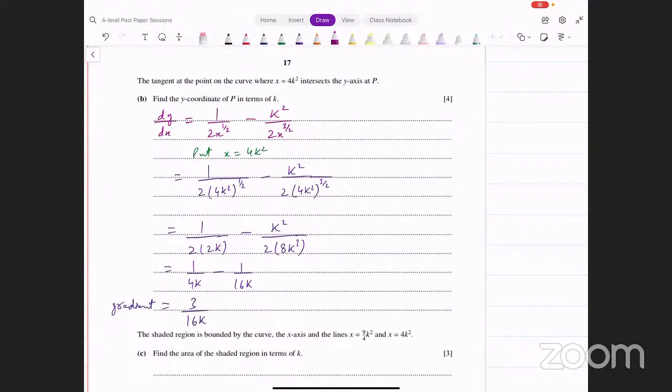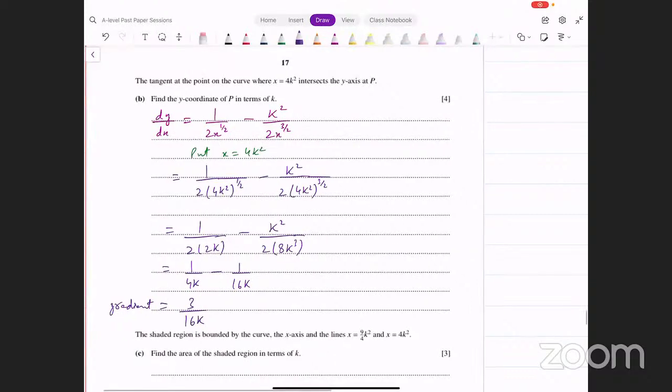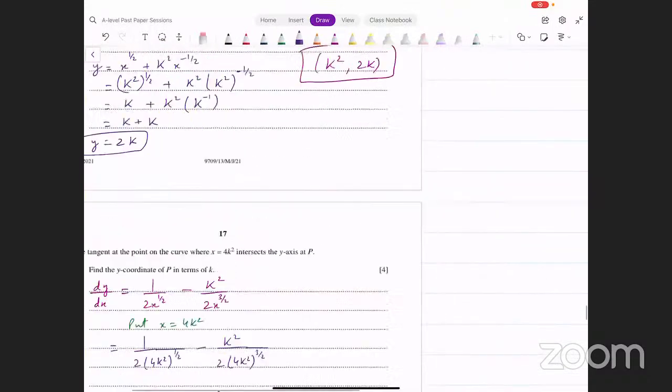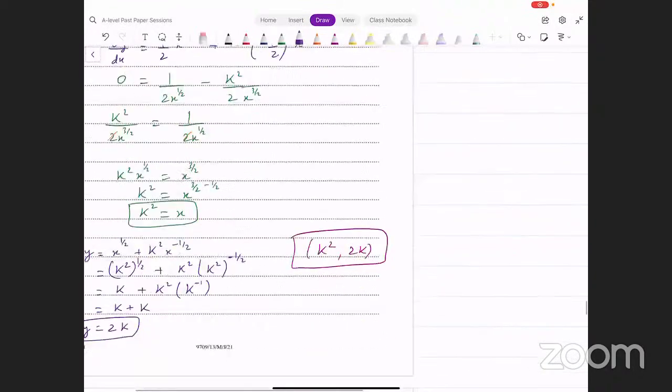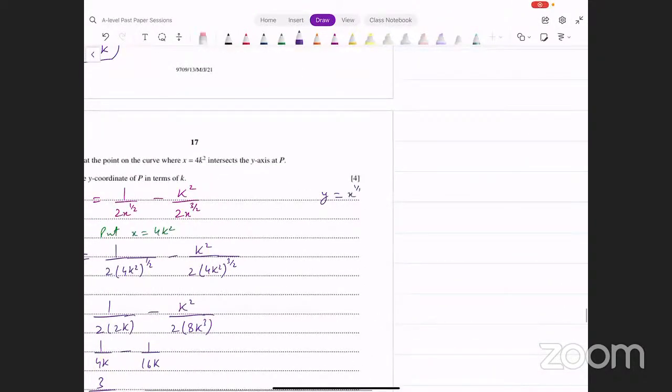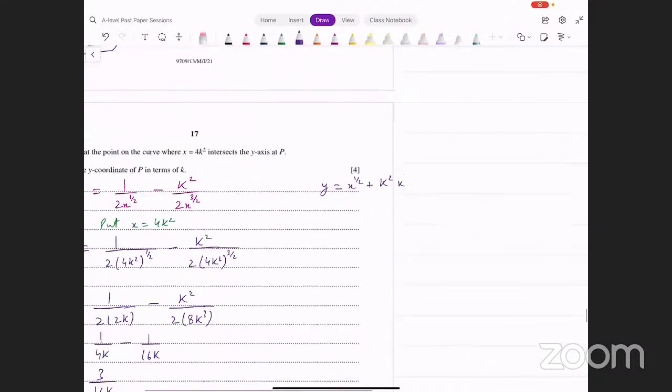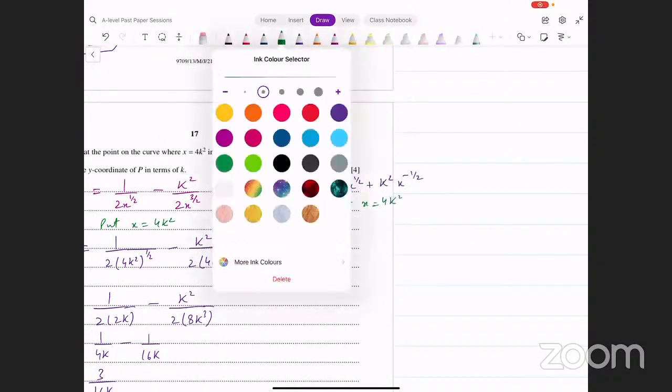अब क्या करें, पॉइंट है क्या हमारे पास, पॉइंट भी नहीं है. पॉइंट के लिए आपको x = 4k², कर्व की इक्वेशन के अंदर इनपुट करना पड़ेगा. कर्व की इक्वेशन क्या थी, y = x^(1/2) plus k² x^(-1/2). Let's input x = 4k² here, ये input कर देते हैं इसके अंदर.